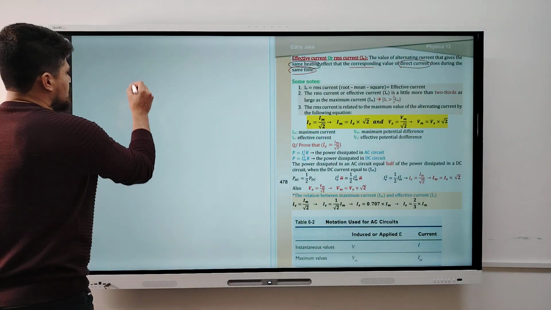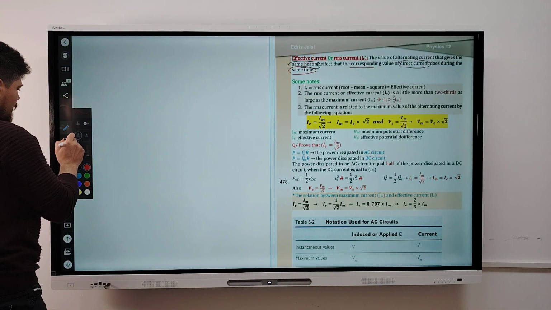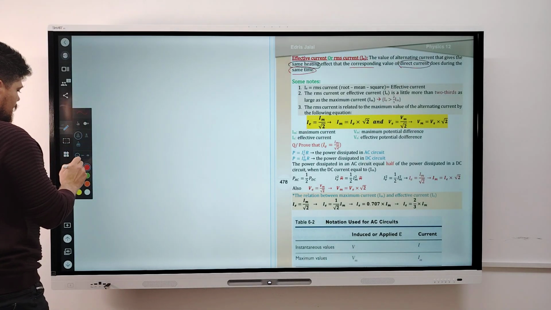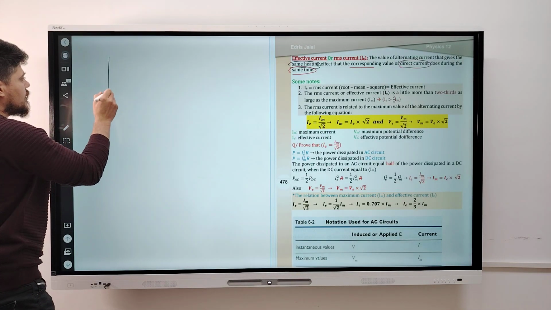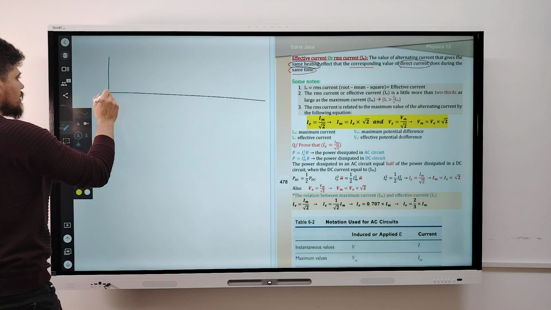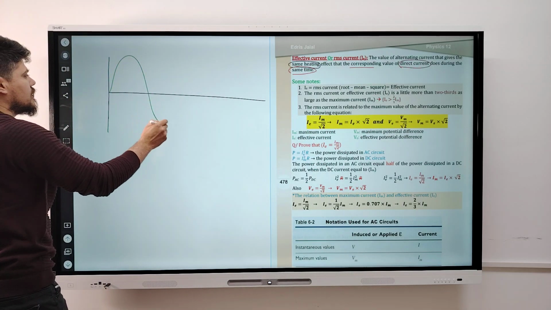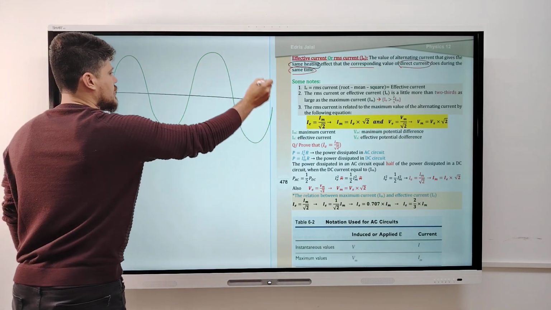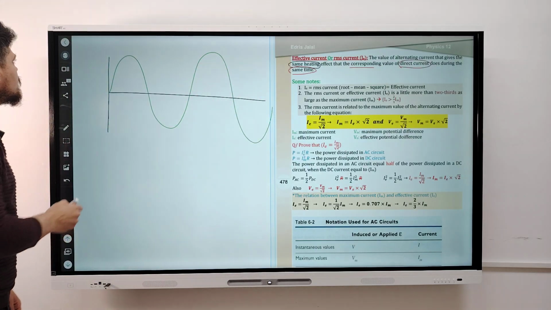Okay, so look at this. What is the type of this current? This is AC current. AC current has maximum values. What is this?